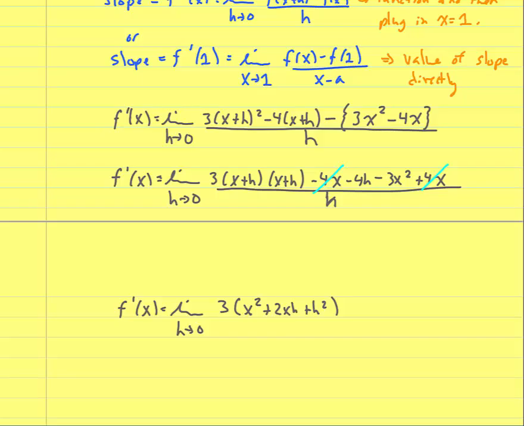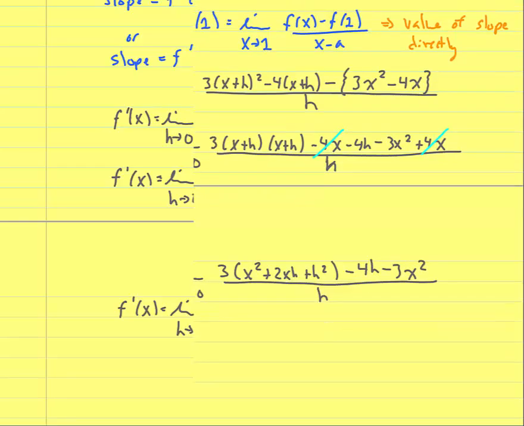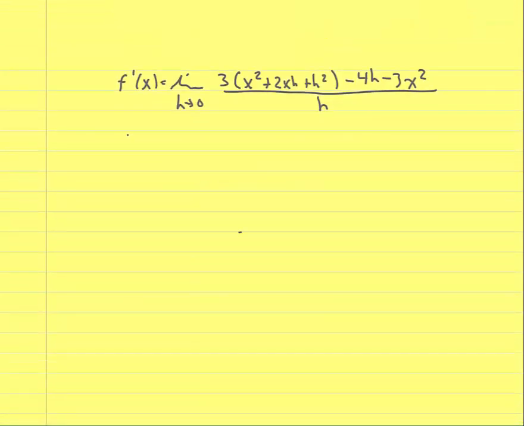But I still have this minus 4h minus 3x squared left. This is all over h. Next step, we'll distribute through that 3, and again, don't drop this notation. So I'll have 3x squared plus 6xh plus 3h squared minus 4h minus 3x squared all over h.